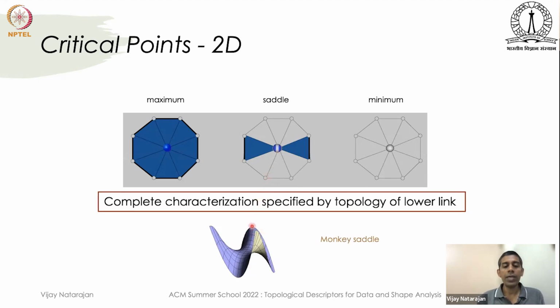For smooth functions, you always have one direction in which the function goes up and one in which the function goes down for a saddle. But in practice, you can have not just two components of the lower link, but three, or four, and so on. These are handled by existing algorithms by just recognizing that monkey saddles can actually appear.